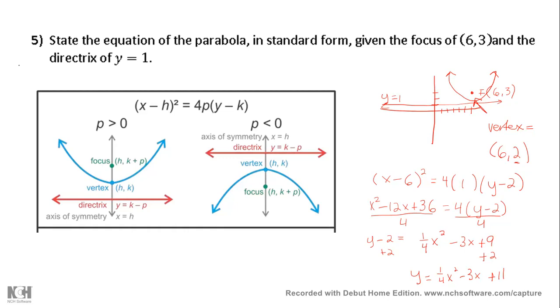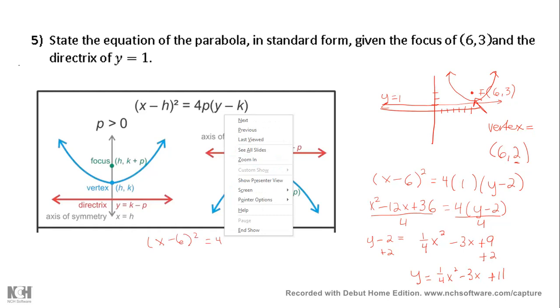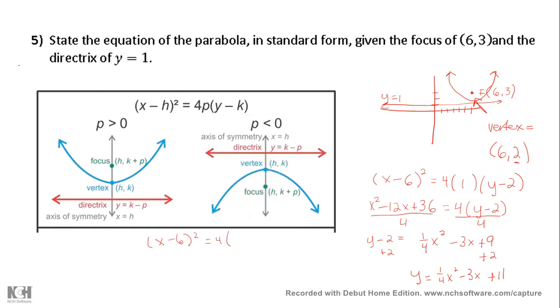Now, if it hadn't asked for this equation in standard form, I would have been able to leave it as, I'm going to go back a little bit, the point where I have (x minus 6) squared equals 4 times 1 times (y minus 2). At this point, if I divide by 4, I would get y minus 2 is equal to 1/4 (x minus 6) squared.